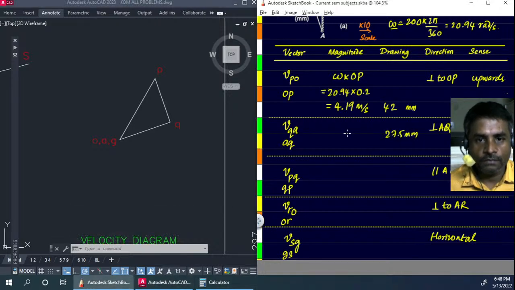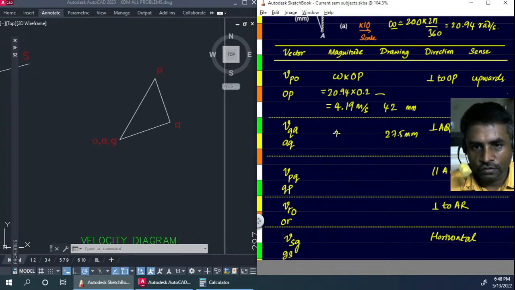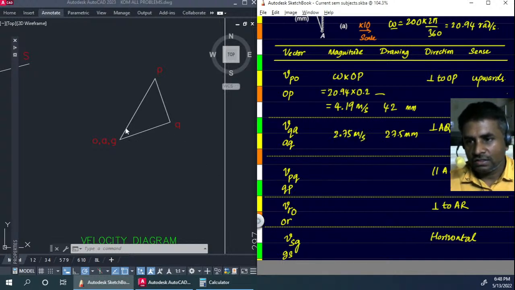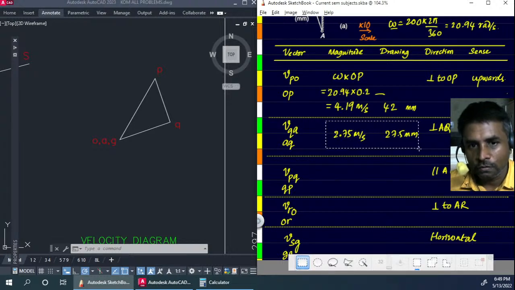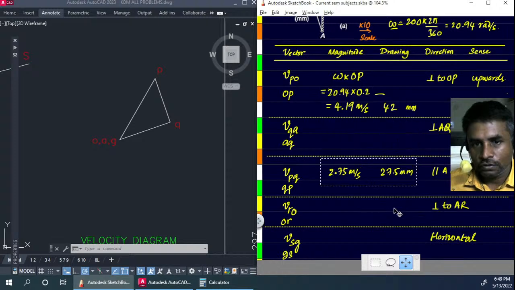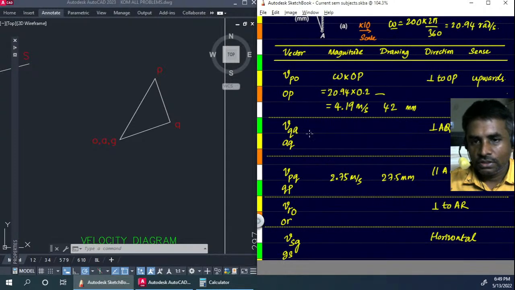When we have to convert it back, what happened when we did this conversion is we just multiplied with 10. So back here we'll have to divide it by 10. So here the velocity will be 2.75 meters per second. Similarly, let's see what is the velocity of Q with respect to A. The value which we measured right now is for the previous one.